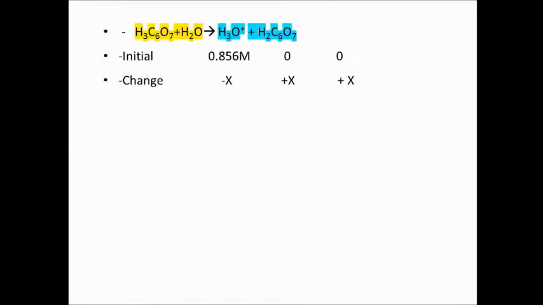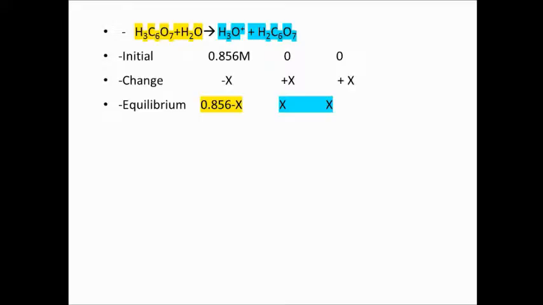C is for change. We have a minus X on the reactant side and plus X on the right side. E is for equilibrium. Simple mathematics, we're going to take that 0.856 molar minus X to get the equilibrium for the left side, and then for the right side, just X squared.